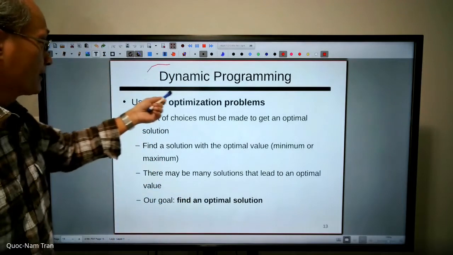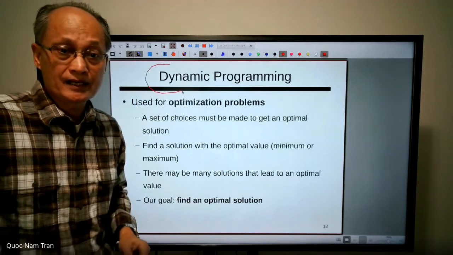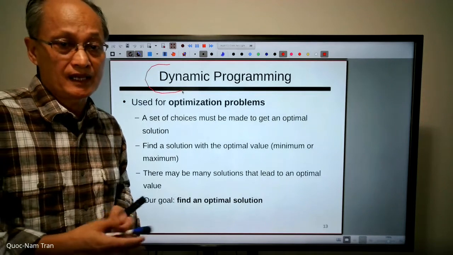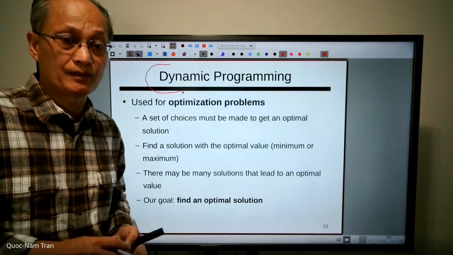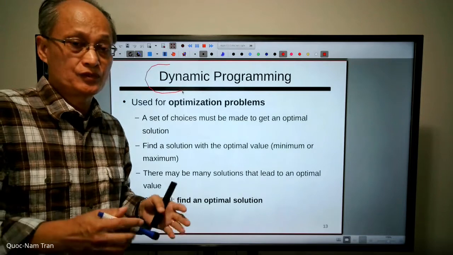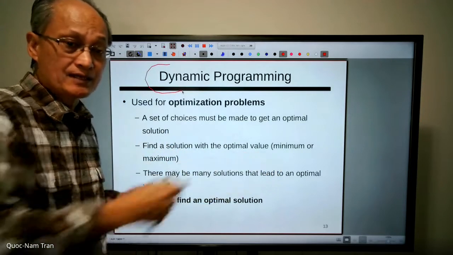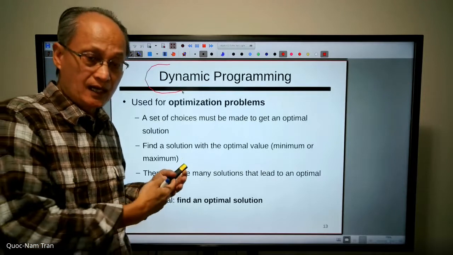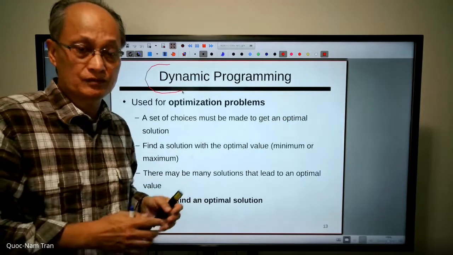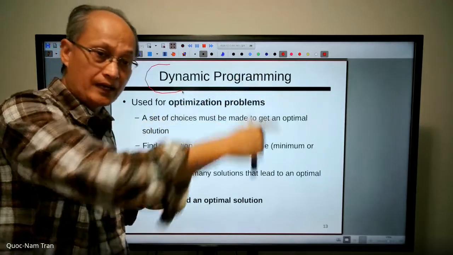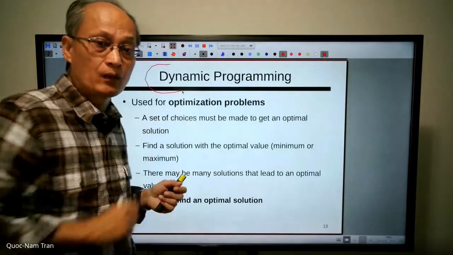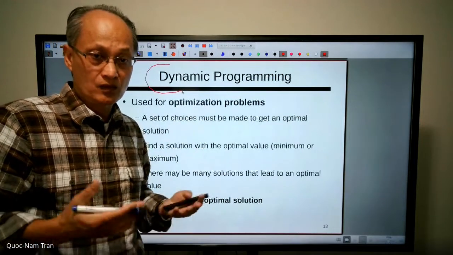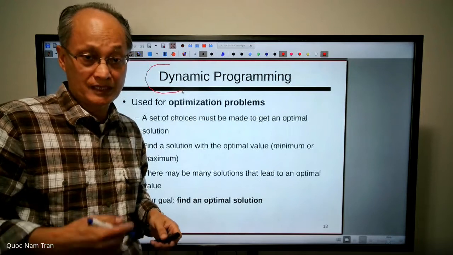Dynamic programming is used for solving many real-world applications. Like last time I showed you, if we have two assembly lines for vehicles, how can we find the best way to send a new chassis to either line 1 or line 2, or continue on line 1, etc. So we will try to solve such real-world application problems using this technique.